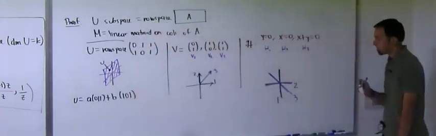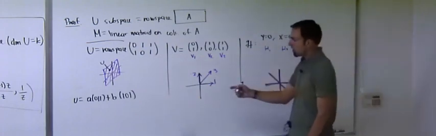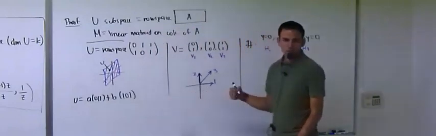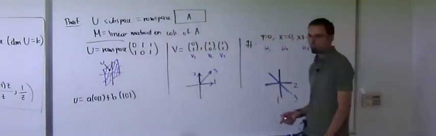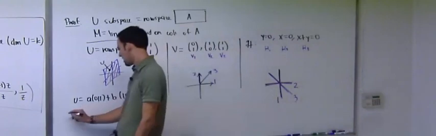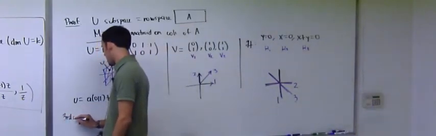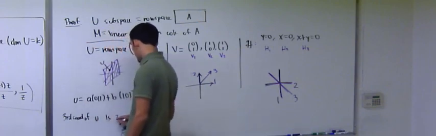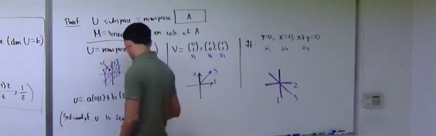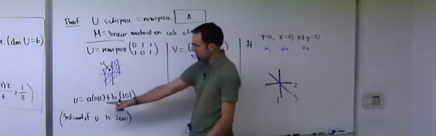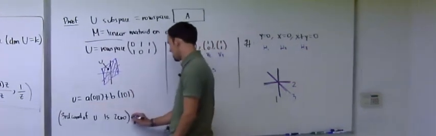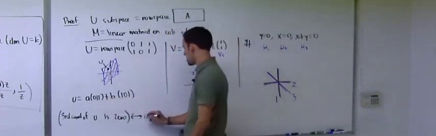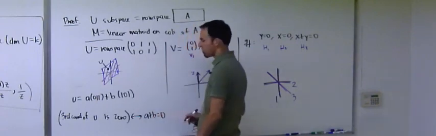Okay. So now what we want to know is the weight of this word. We want to know which coordinates are 0, which ones are not 0. So for example, how do you know if the third coordinate of u is 0? Well, the third coordinate is 0 if and only if a plus b is 0, right? That's the third coordinate.